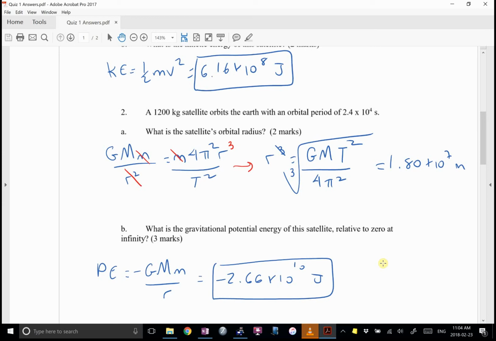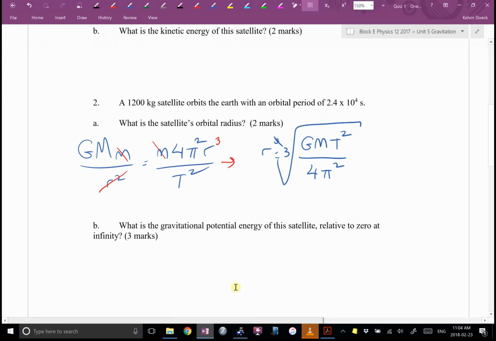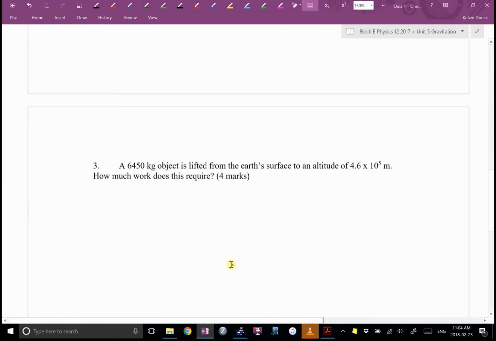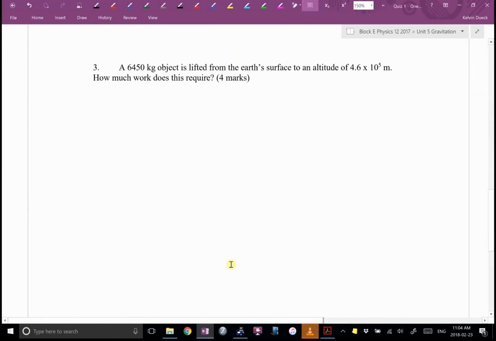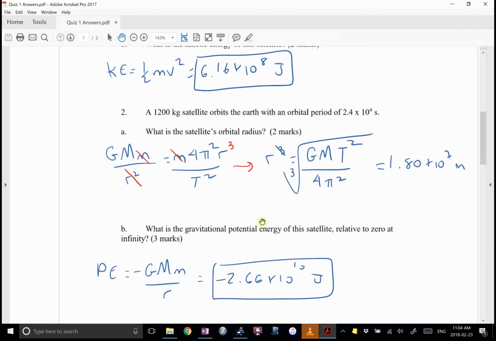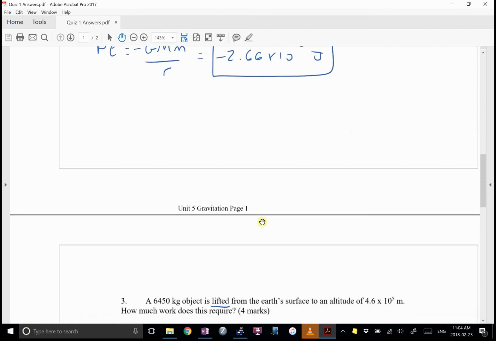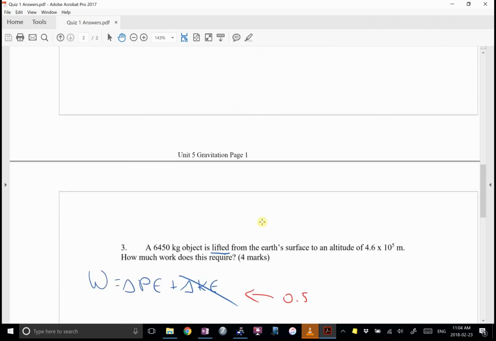Speaking of work, Devin, what's number 3 asking me to find? Work. To stay in orbit or just to lift the satellite up? Just to lift the satellite. So we're not in orbit, so we're not going to have any kinetic energy. I started out by saying work equals the change in potential plus the change in kinetic, but I was able to cross out the change in kinetic.